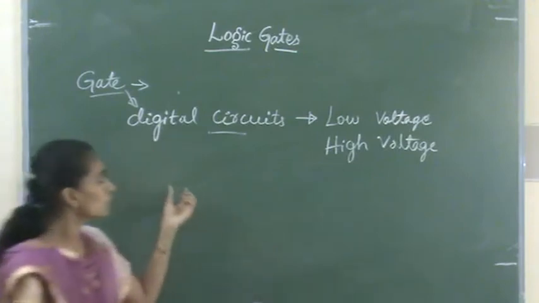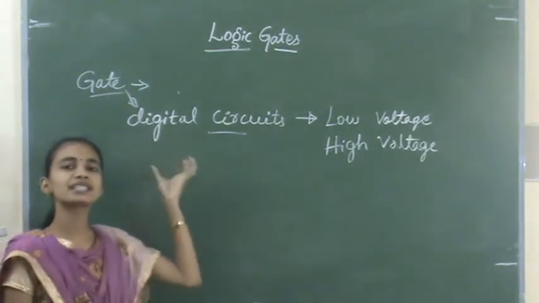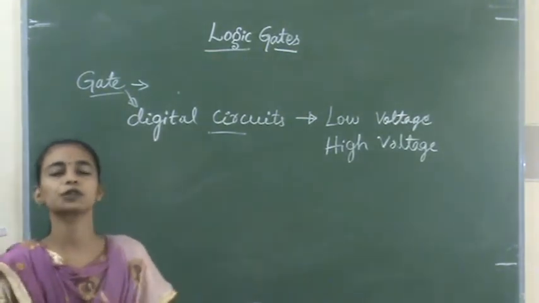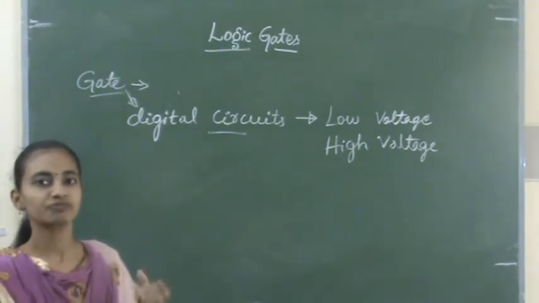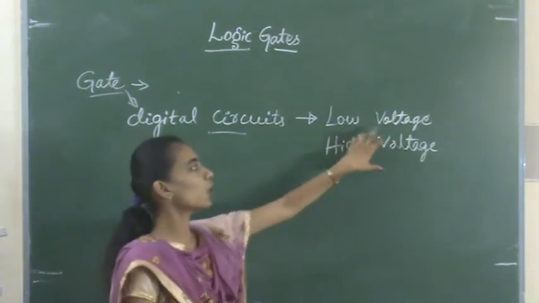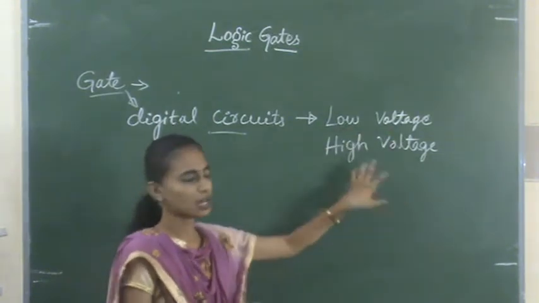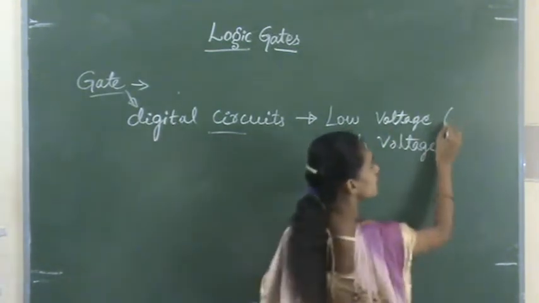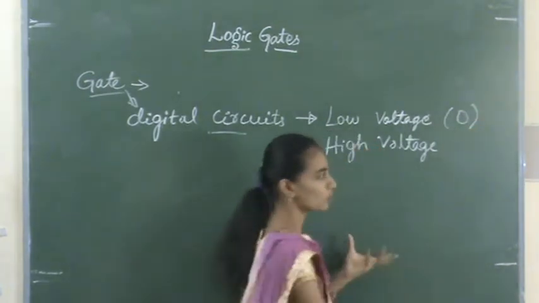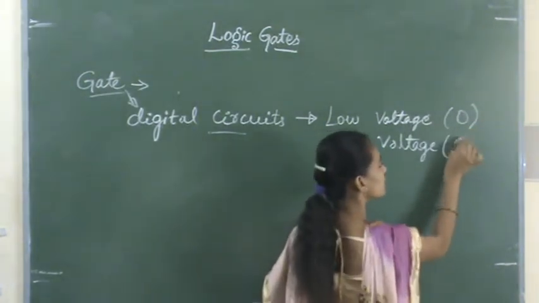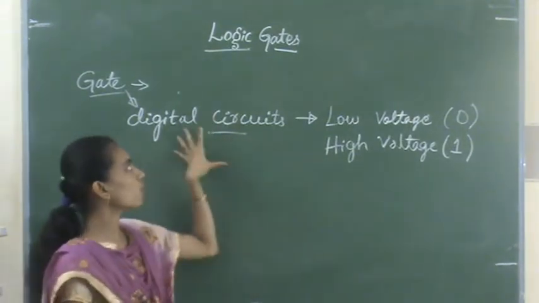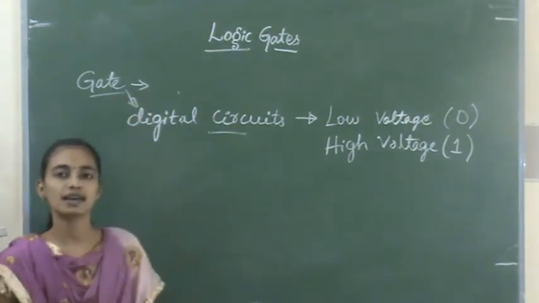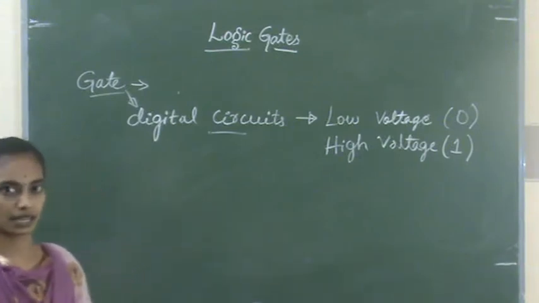Low voltage is represented as 0 and high voltage is represented as 1, right? That's why we call these gates digital circuits.